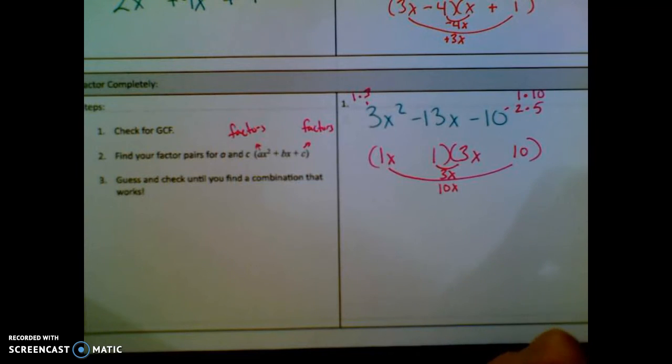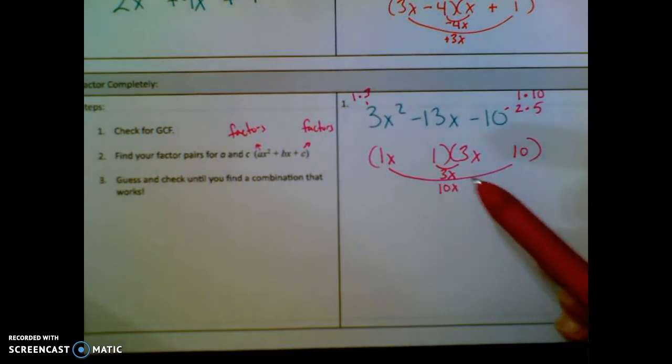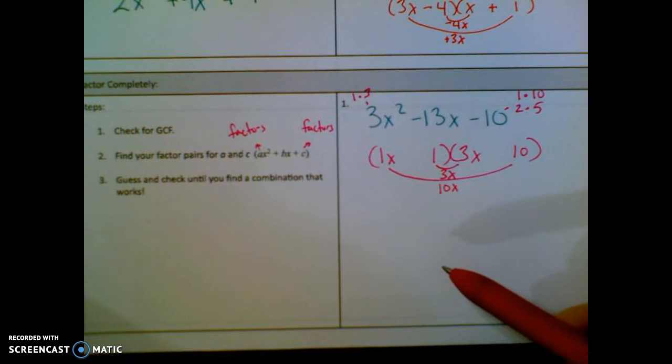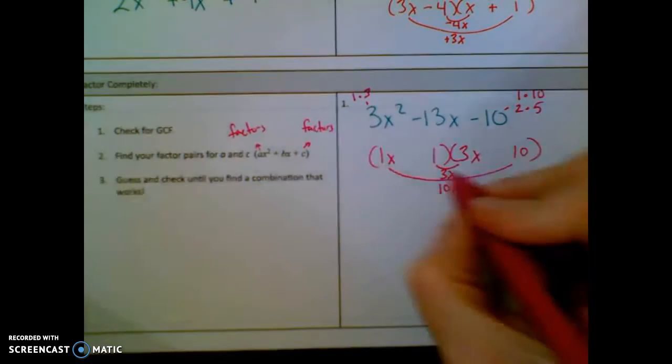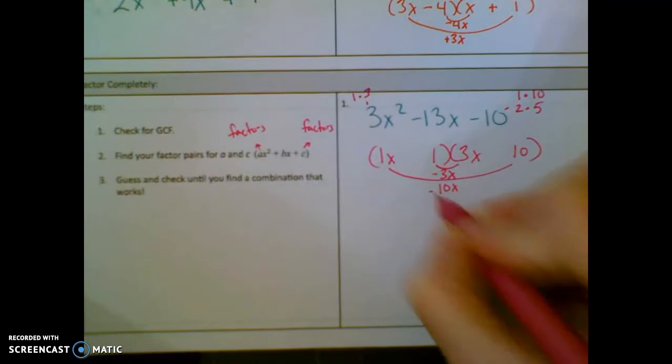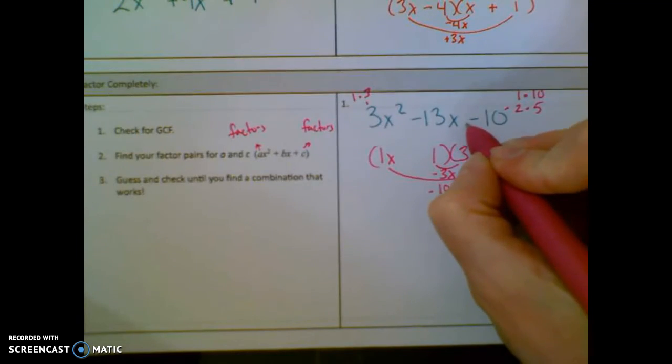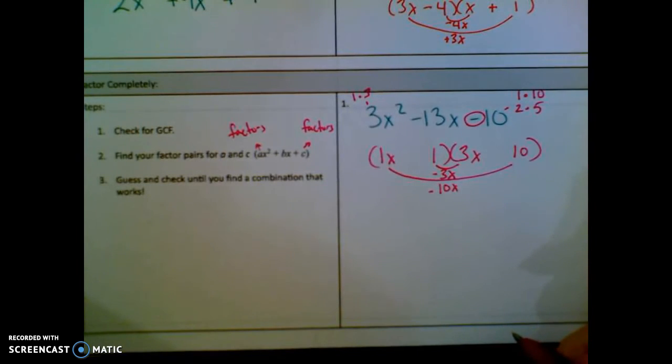Okay, so on the last question, I didn't talk about signs a lot just because I was trying to go through an example really quickly. But on this problem, can 10x and 3x give me negative 13x? Well, the answer is actually yes. If I had a negative 3x and a negative 10x, I would get negative 13x. But this guy is a negative 10.